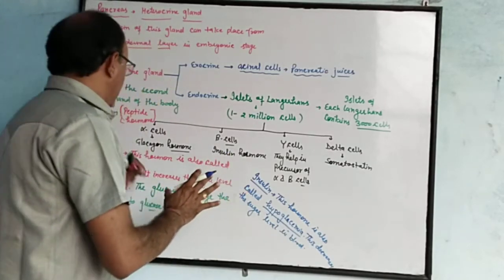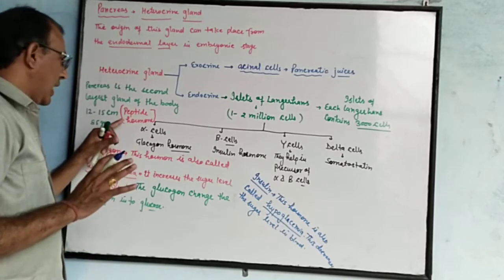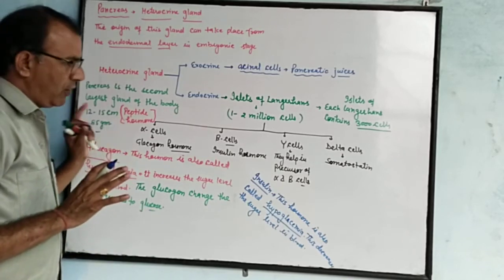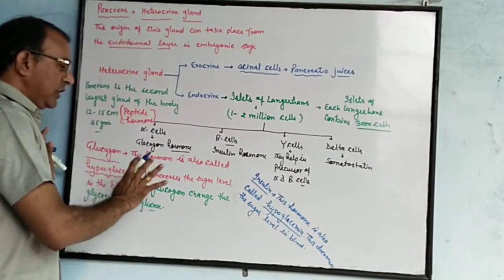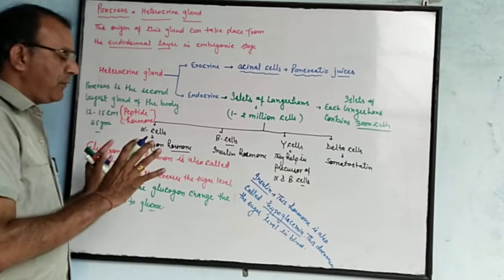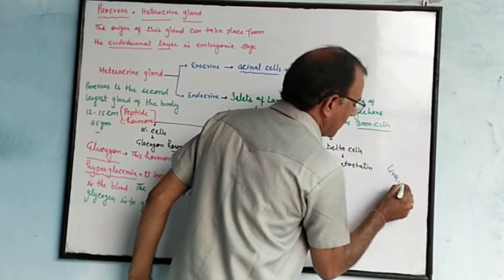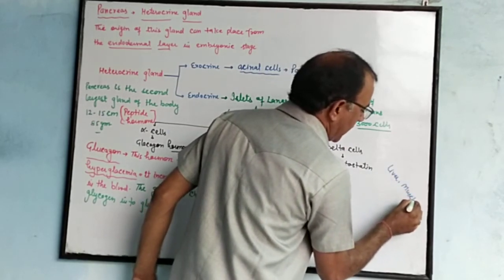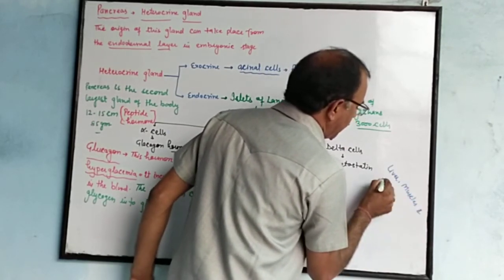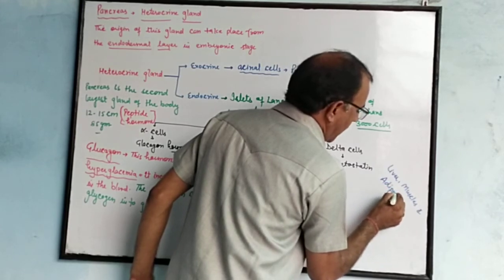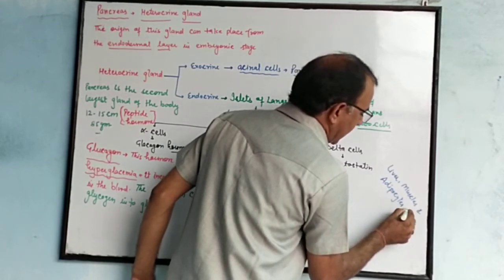How does insulin decrease the sugar level? We know that pancreatic hormones are known as peptide hormones. Both these hormones function on liver, muscles as well as adipocyte cells.